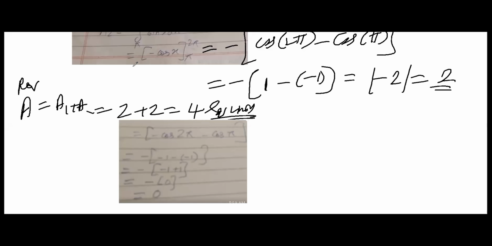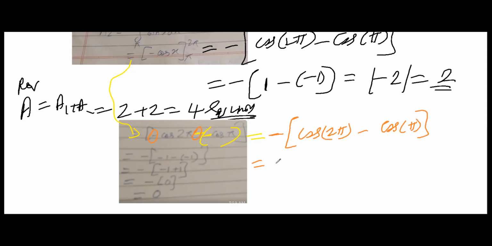Okay, so what you did here, you wrote this equal to sign here, and then minus cos of 2 pi, correct. Then minus of minus pi will come. This minus is this minus, so it has to be minus of minus pi. Now next, you took this minus common. When you took this minus common, you will get cos of 2 pi minus cos of pi.